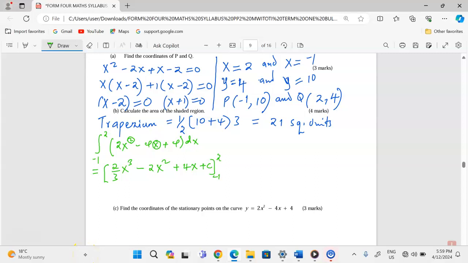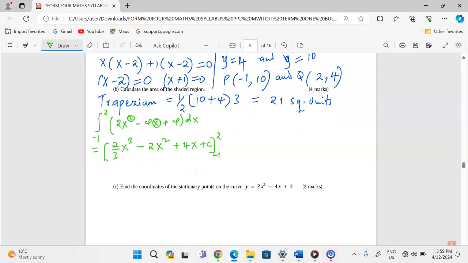So now we can substitute in the function such that we have 2/3. We start with 2 to the power 3 minus 2 into 2 squared plus 4 into 2 plus a constant c. Then we will be subtracting.